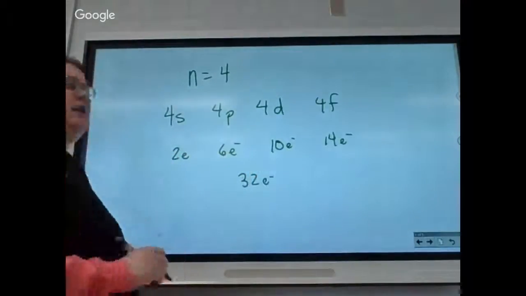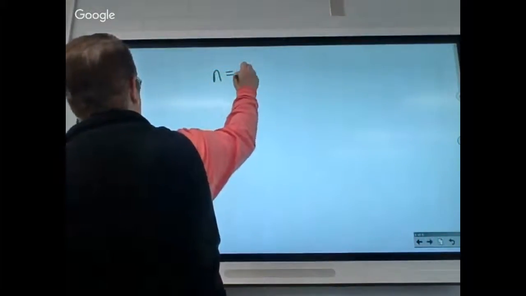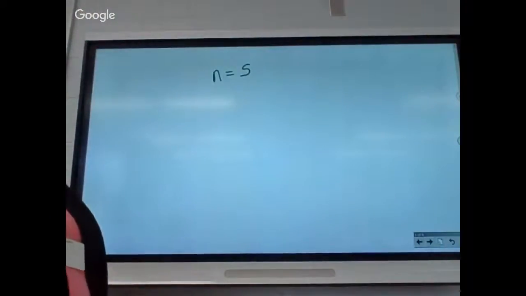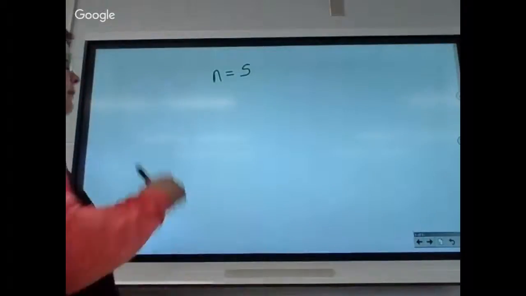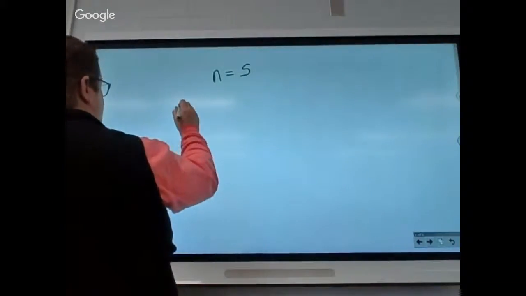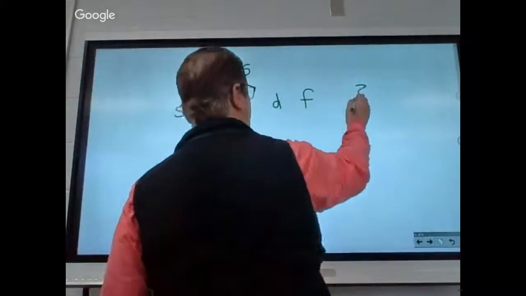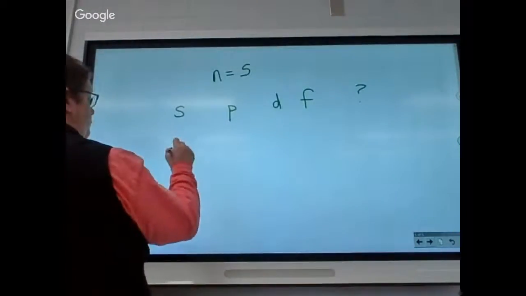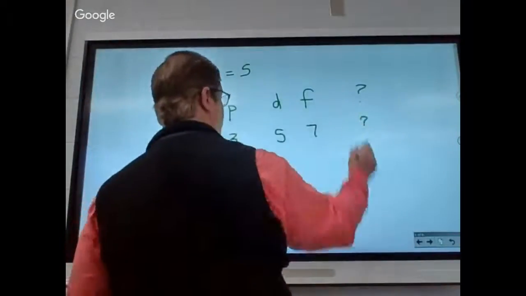Now, just as a side note, would I be so terrible as to say, what if you had n equals 5? No, it doesn't matter. Oh, yes, I would. You can. There's a pattern. It's plus 2. All right, so you know you have S, P, D, F, and some other one, right? How many pictures does S have? 1, 3, 5, 7, 9.